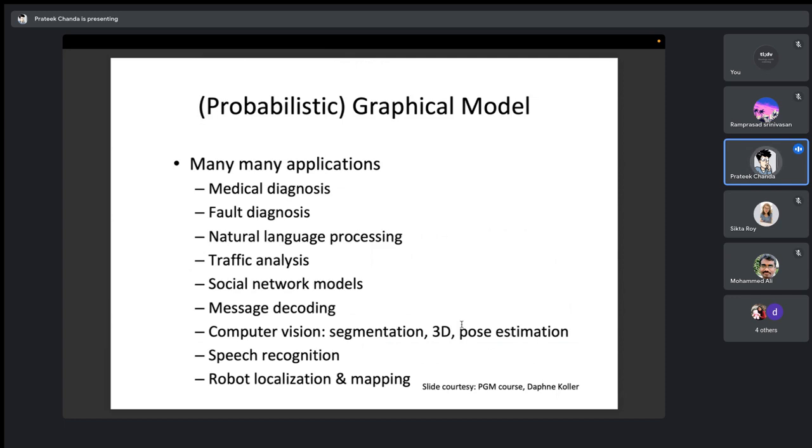Because in recent times, in the case of generative AI, this is very much employed and is very much in the picture. The basic building blocks include probabilistic graphical models.